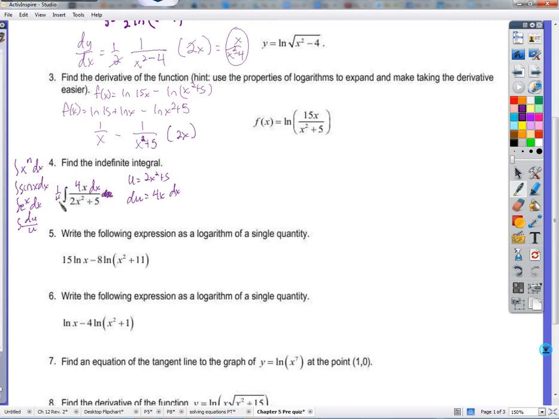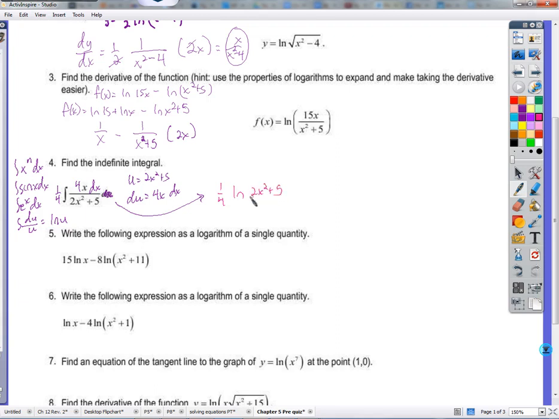So we'll put this 1/4 out here, of course, to balance that out. Okay, what's the antiderivative of du over u? It's the natural log of u. So here we get the antiderivative is 1/4 times the natural log of u. U is 2x squared plus 5.